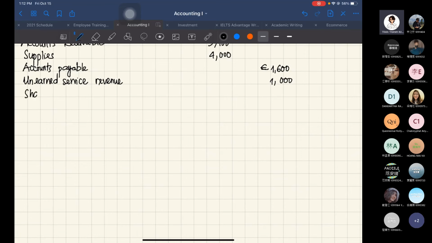Okay, for the equity. As we see, on April 1st, they changed 20,000 for share capital.